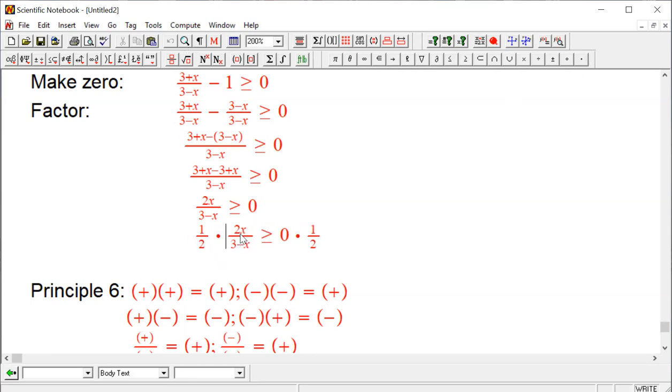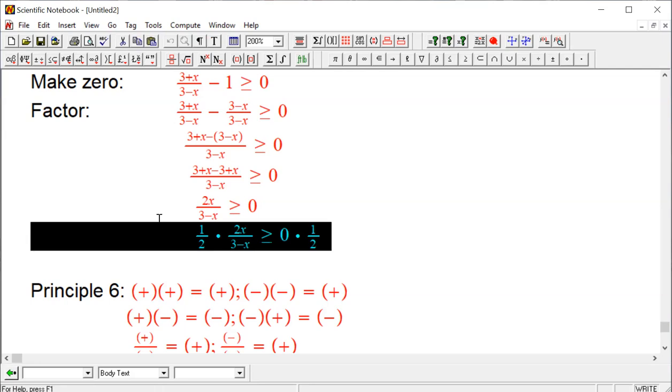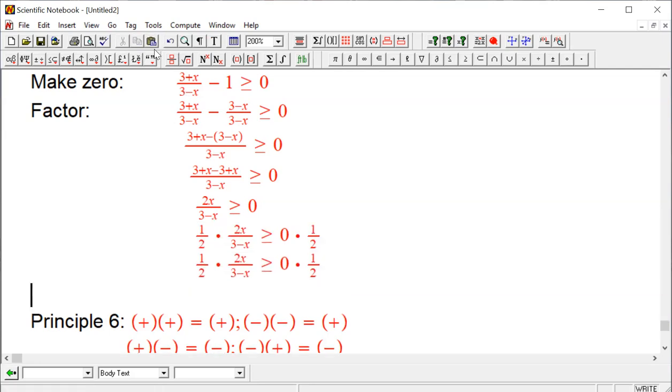So I multiply by half, and this 2 and this 2 will be reduced. Because we multiply by a positive number, this 2 is gone, and this is 0, because 0 times half is 0. So now we get to the simplest case.